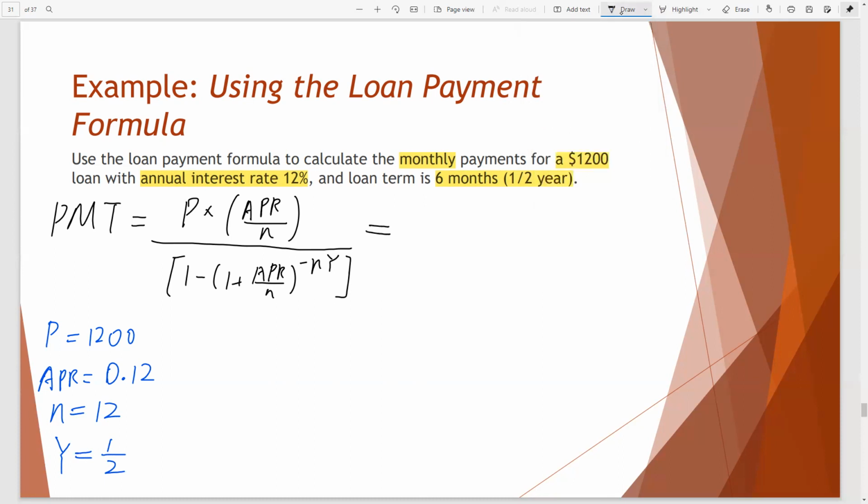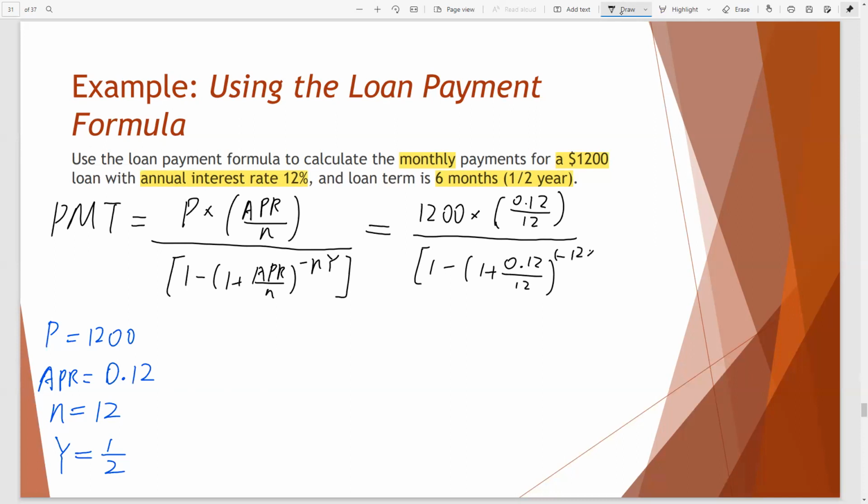Plugging everything in: principal 1200 multiplied by 12% divided by 12, over 1 minus (1 plus 0.12 divided by 12) raised to the power of negative 12 terms times 1/2 year, only 6 months in other words.